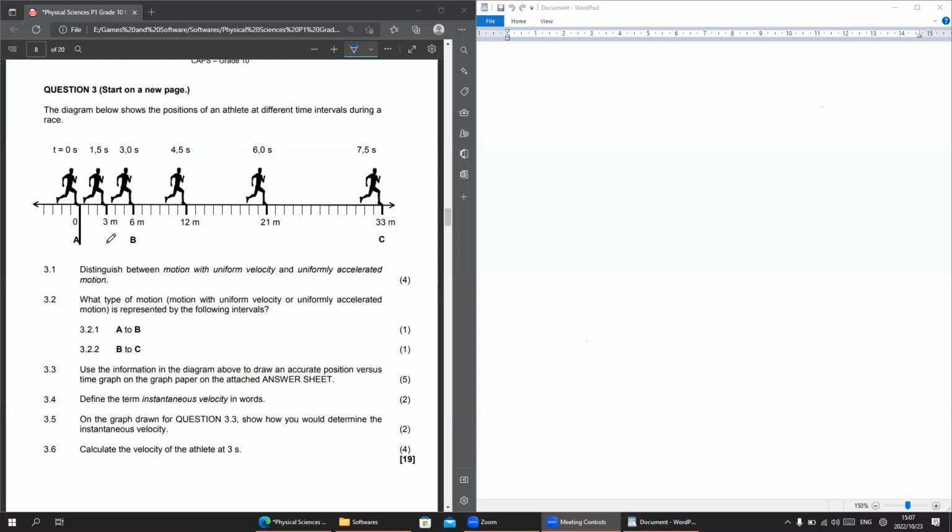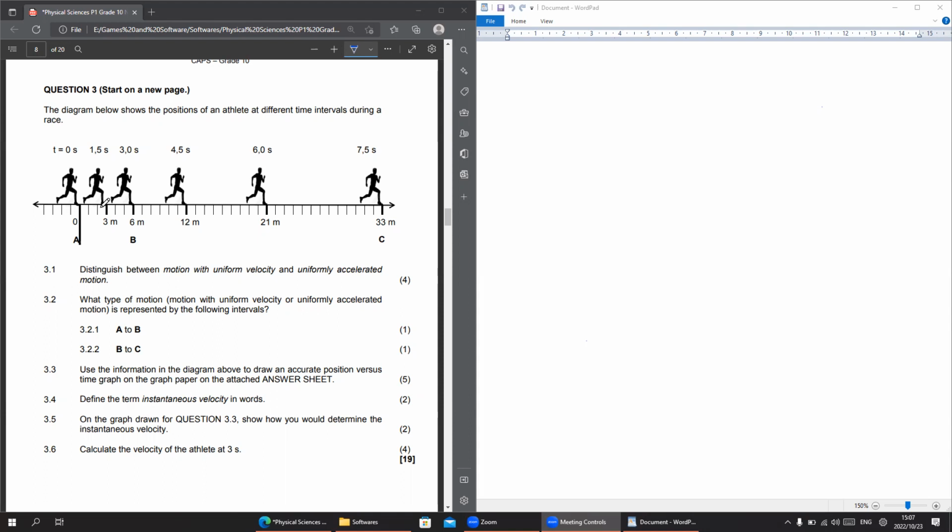Uniform velocity, right? That's constant velocity. That means you're covering the same distance in the same amount of time at each point. So let's say you're running, and every minute as you run, you run let's say 30 meters.